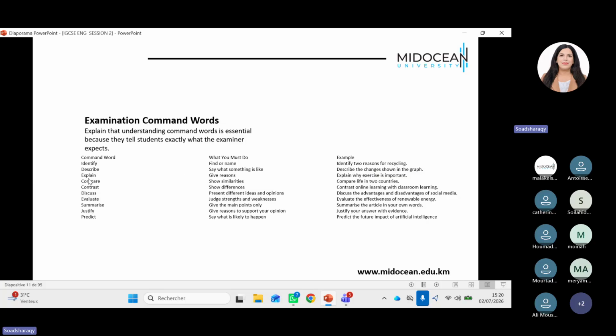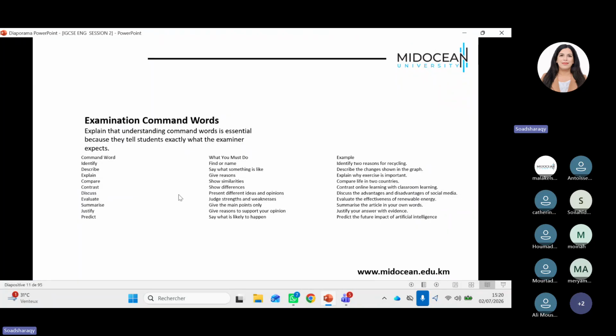To explain means to give reasons. For example, explain why exercise is important. Next, to compare means to show similarities. Example, compare life in two countries.